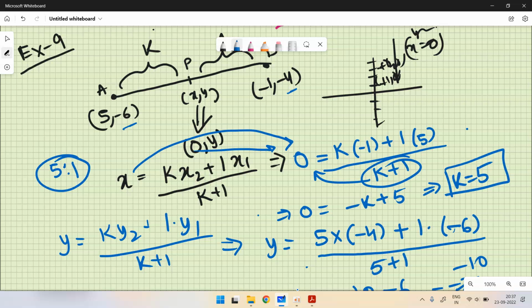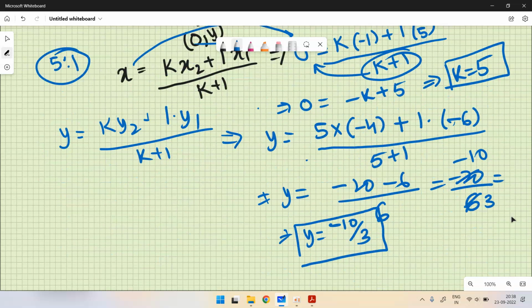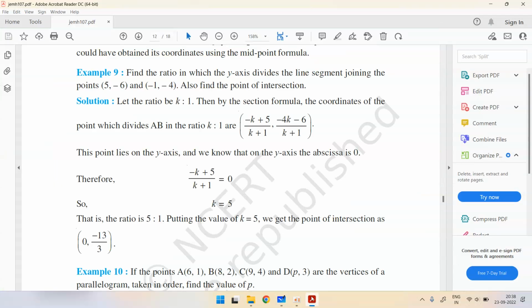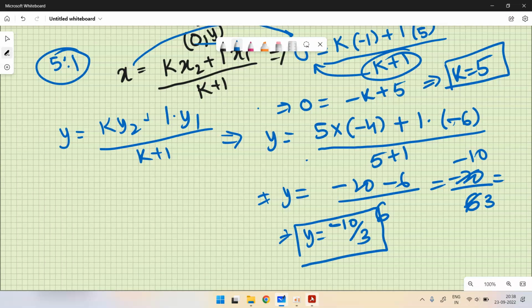x2 minus 1 minus 4, so this is minus 8 into 5. Substituting the value of k as here, so k into y2 minus 4 plus minus 6. So minus 20 minus 6, 5 minus 6.